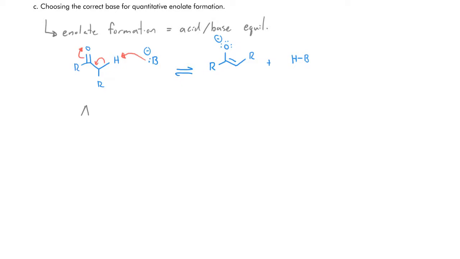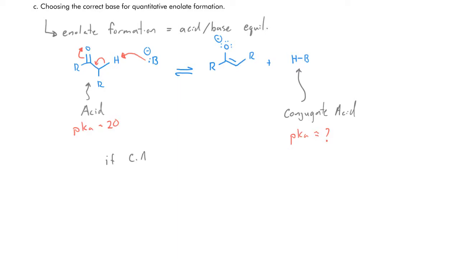What we do is look at both sides of the equilibrium and find the acid. And on the other side, we need to find the conjugate acid, and we need to identify their pKa values. Our acid is just the carbonyl, which has a pKa of about 20. Now, the pKa of the conjugate acid is going to depend largely on what base we chose. So depending on the base we choose, we will get a different pKa value.